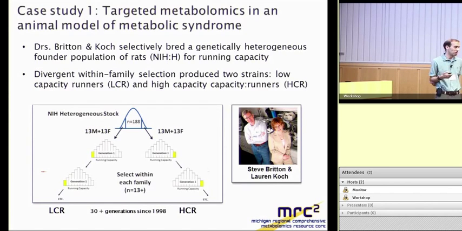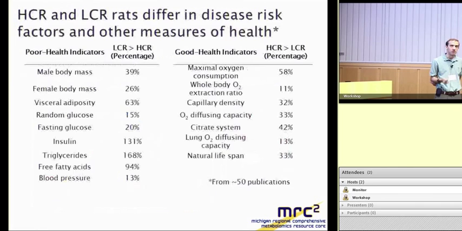So this is a potentially interesting model to study these genetic determinants of exercise capacity, and metabolic determinants also. So just to look at whether this model means anything, is it potentially useful? The low-capacity and high-capacity running rats differ in many very relevant disease risk factors as they're commonly measured in humans.